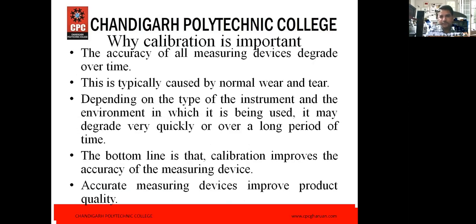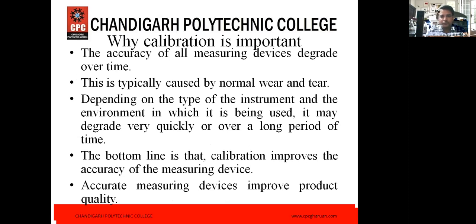Next is why calibration is important. Because obviously, if we talk about any type of instrument, if it is not working accurately, then we have to calibrate it properly so that it can work properly.